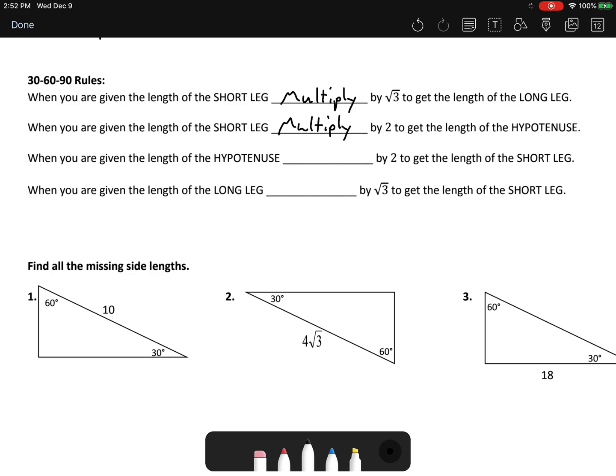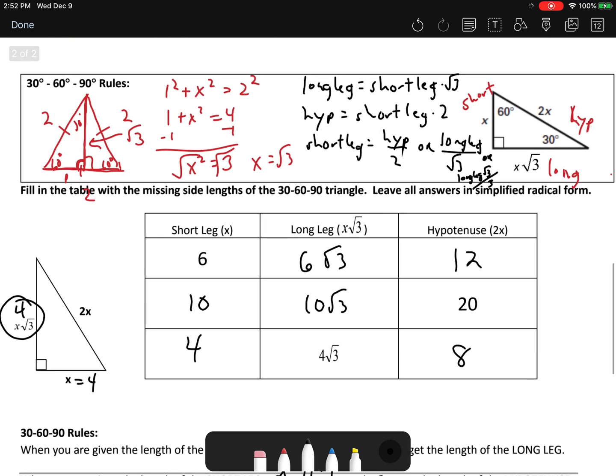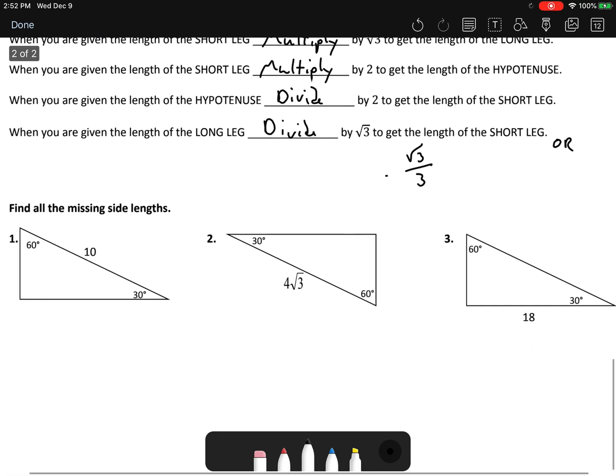Now, when you're given the hypotenuse, divide by 2 to get the length of the short leg. And if you're given the long leg, divide by radical 3 to get the length of the short leg, or multiply by radical 3 over 3. That's that shortcut up there, this last one, this one right there.